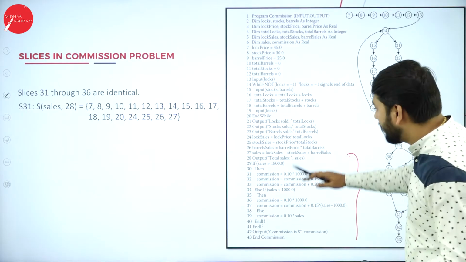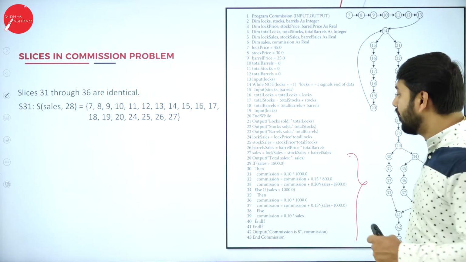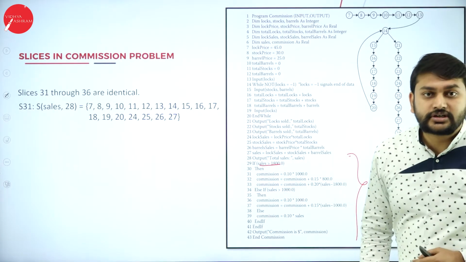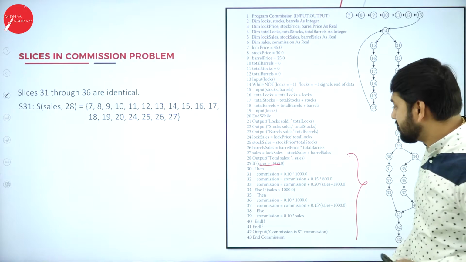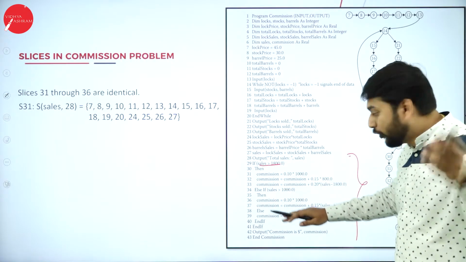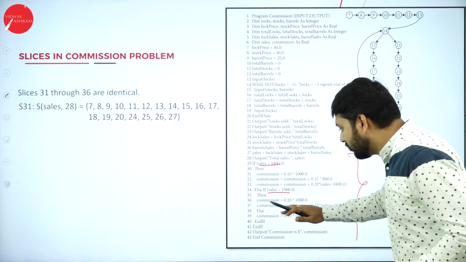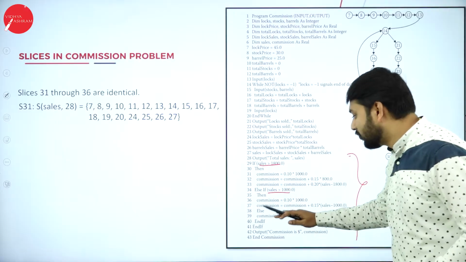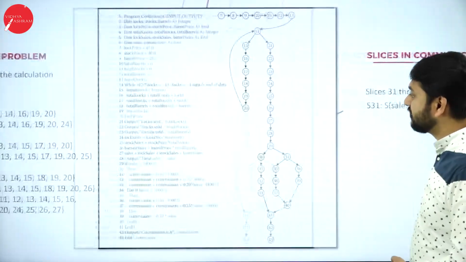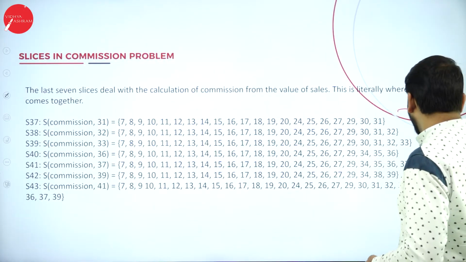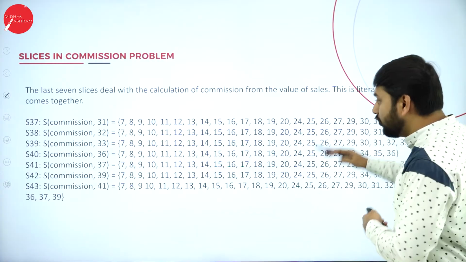Suppose the sale is greater than 1,800, this part will be executed. Suppose the sale is greater than only 1,000, this part will be executed. Else this part will be executed. For this, we have written the path here. That mainly deals with the commission.